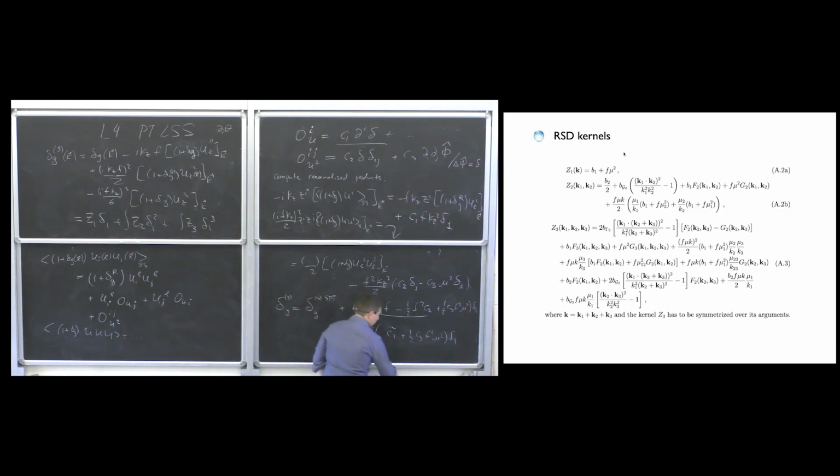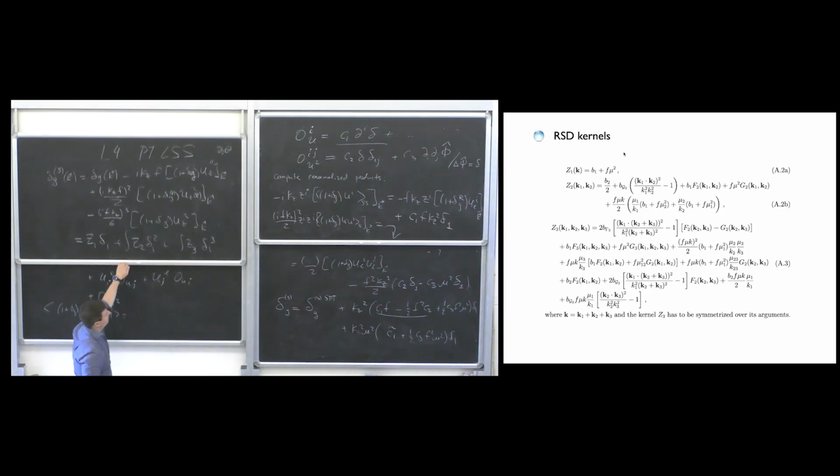So I make this comment about the deterministic diagrams because there are also the stochastic contributions here. Basically, in these expressions that we wrote above, we wrote down only the possible combinations that involve the density fields.